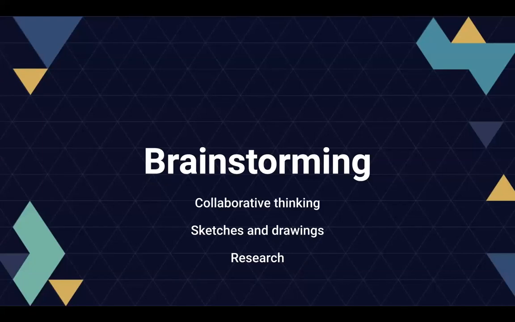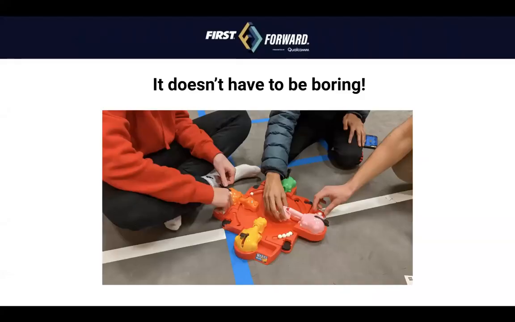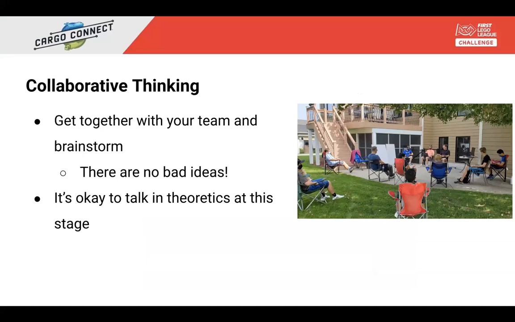Next, we're going to be talking about brainstorming and developing a plan. Collaborative thinking. A big part of robotics is collaboration, especially during the early stages of the design process.